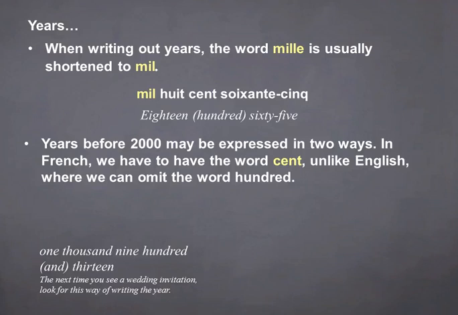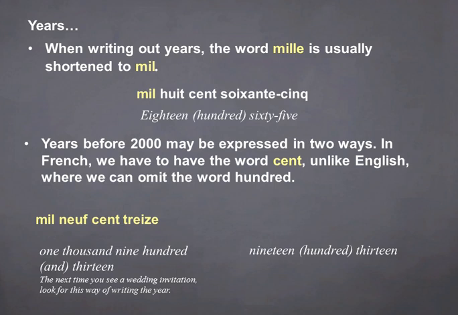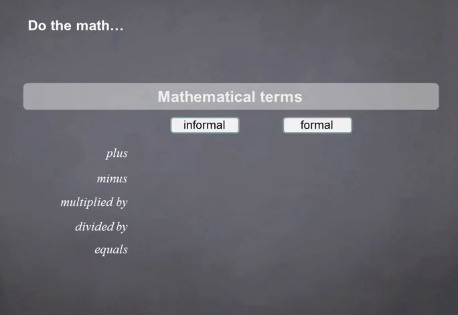So we could have 1913. Where would you see a year written like this? It's not very likely that we see it every day, as opposed to 1913 or 1913. You could say them both ways. They are correct.